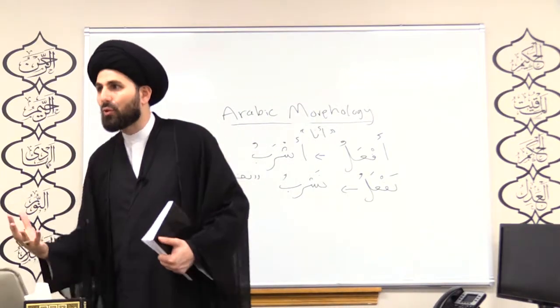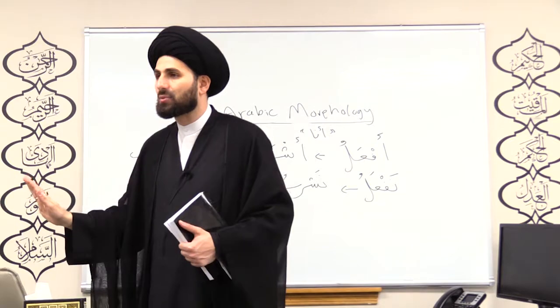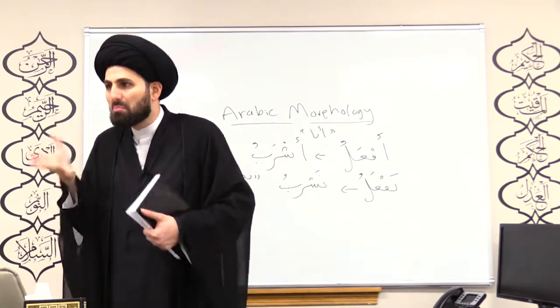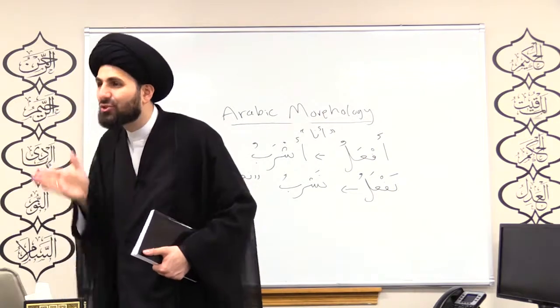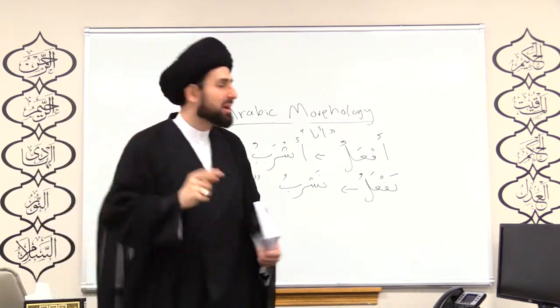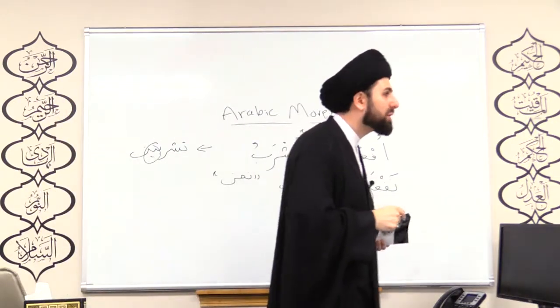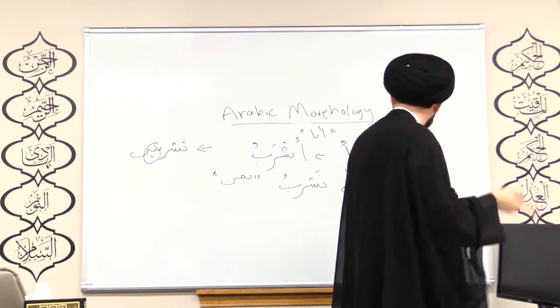So we have to assume a dhamir. And that helps you, by the way. That's a very good point. If you want to know whether this is a dhamir pronoun or not, rule in the Arabic language: can you have a pronoun before the verb? You can't. The pronoun has to come after the verb. So anything you see before the verb, ana, af'alu, naf'alu, automatically you know that's not a pronoun.